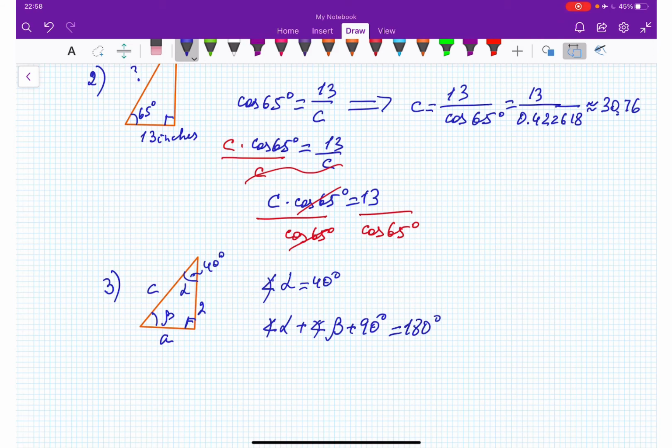It doesn't matter if the triangle has a right angle or not, all sums are going to be 180 degrees. It just happened that we know it's a triangle with a right angle, that's why I put plus 90 degrees.